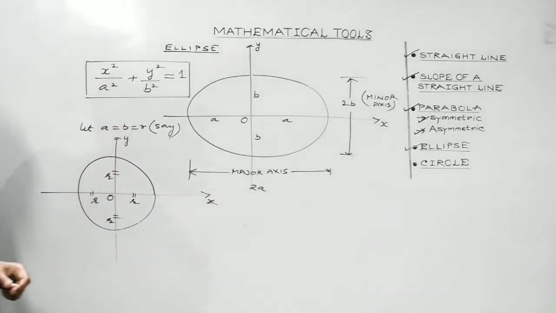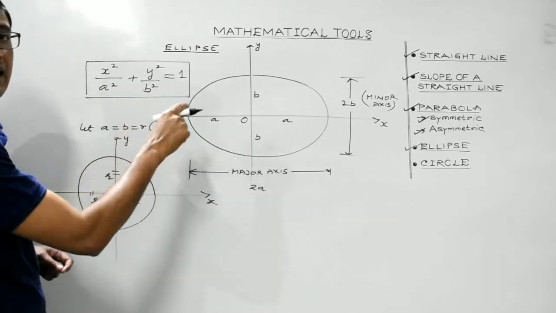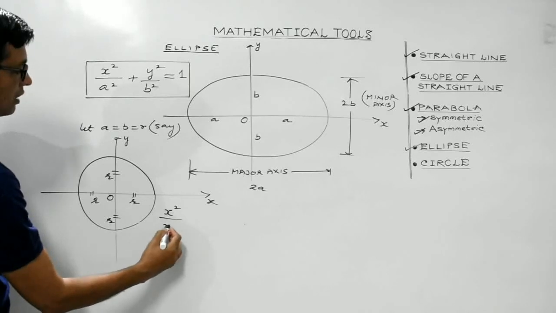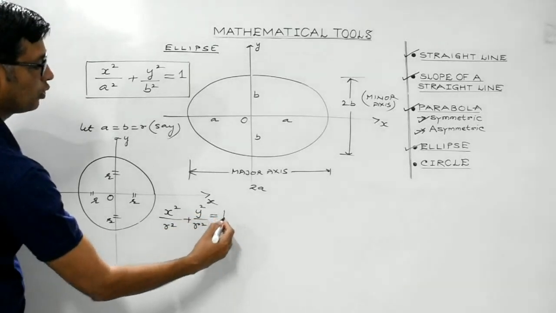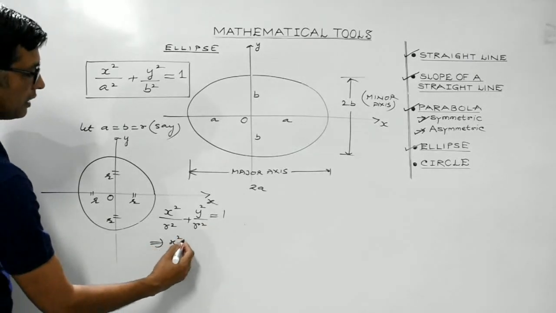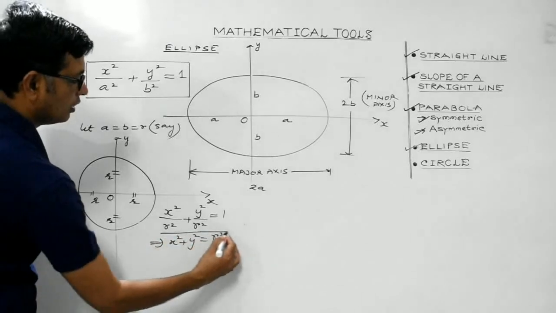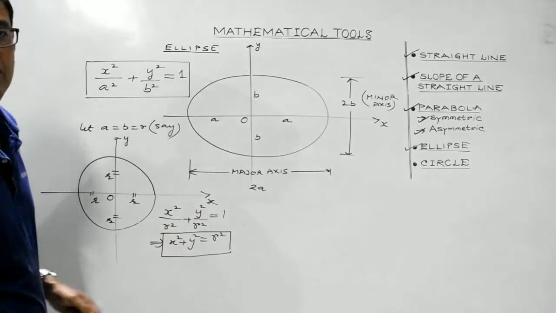So what will be the standard equation? Let's substitute the value of a and b as r over here. So what we get is x square by r square plus y square by r square is equal to 1, which implies that x square plus y square is equal to r square. So this is the standard equation of a circle.